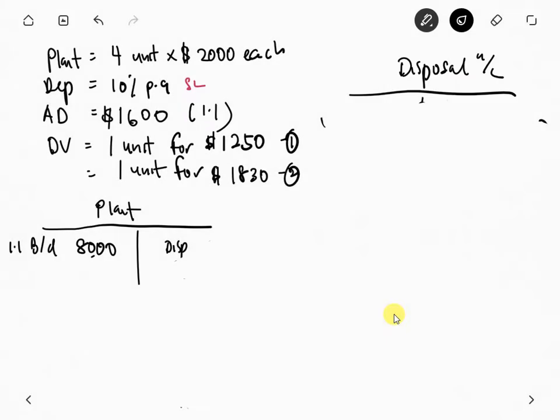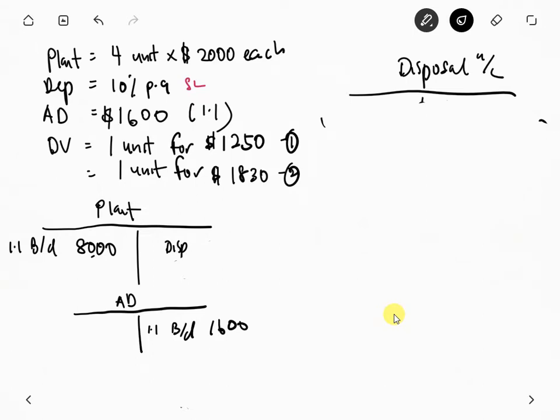I sell off 1 unit per scenario. So start with opening accumulated depreciation 1,600. 10% per year means 800 per year. 1,600 means already depreciated 2 years. This is opening. And I dispose of 1 unit.